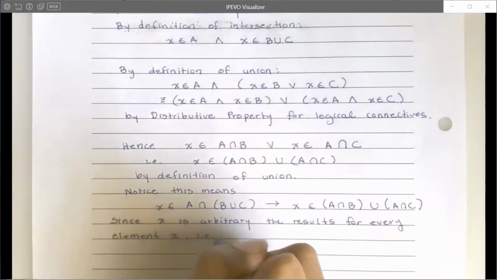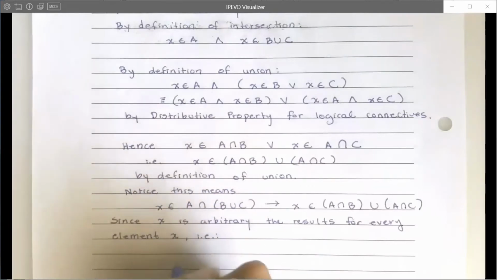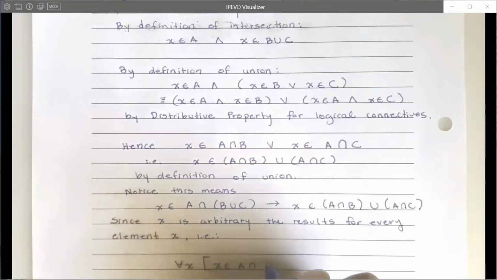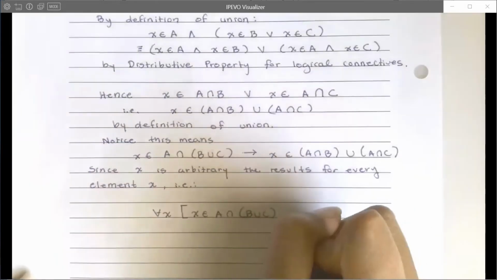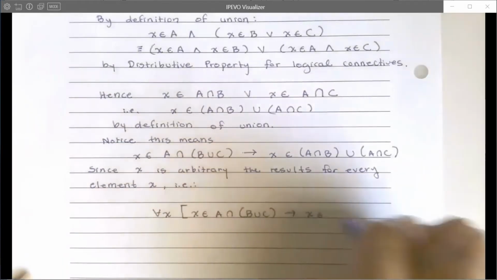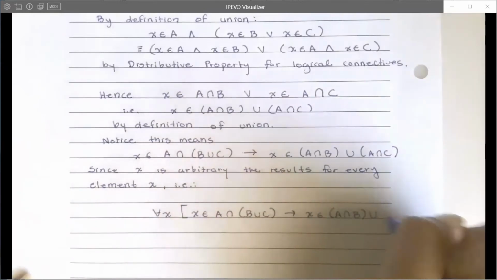I.e., what that means is that for any element x, if x is in A intersect (B union C), then x is going to be in (A intersect B) union (A intersect C).